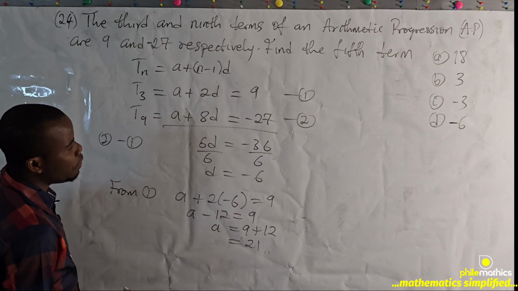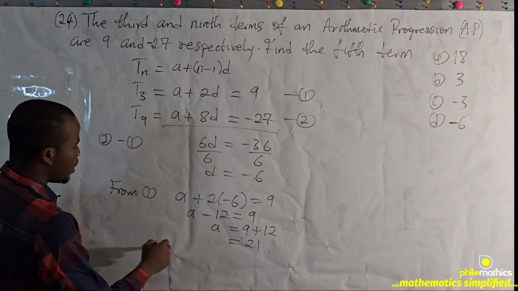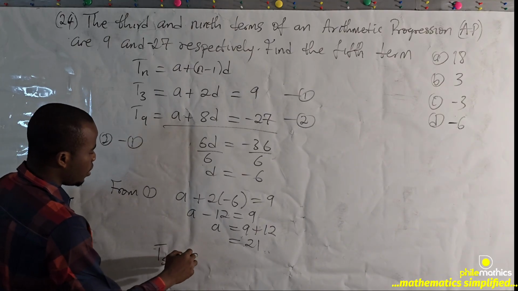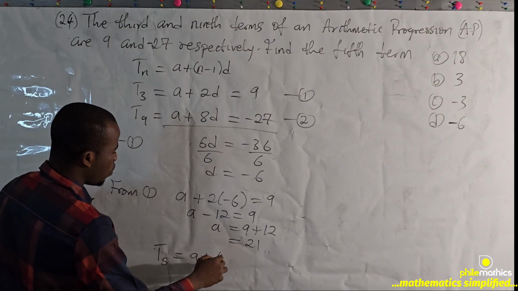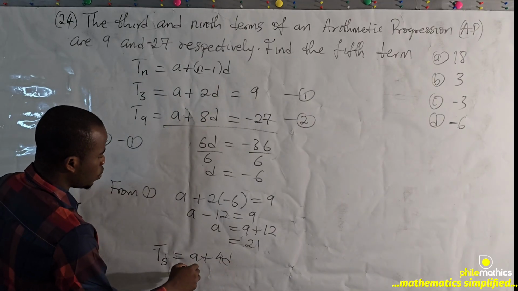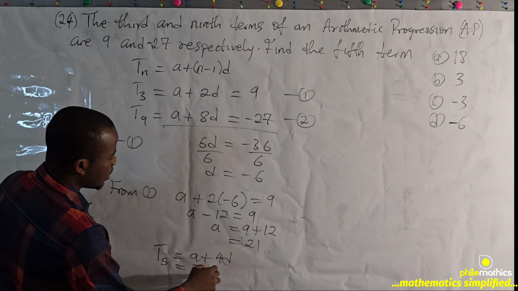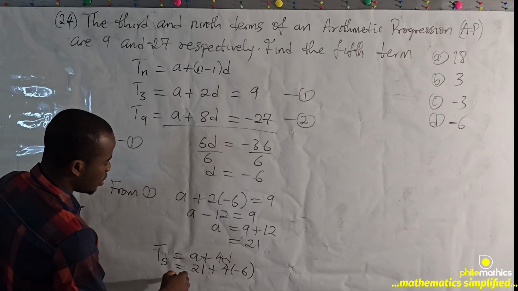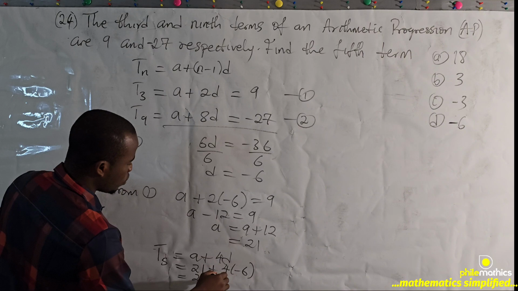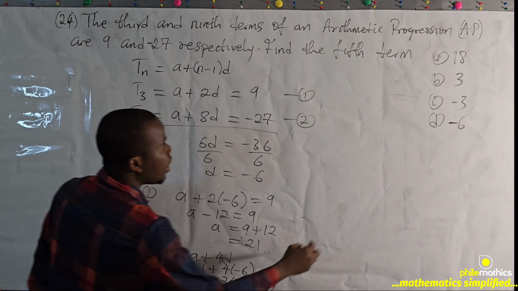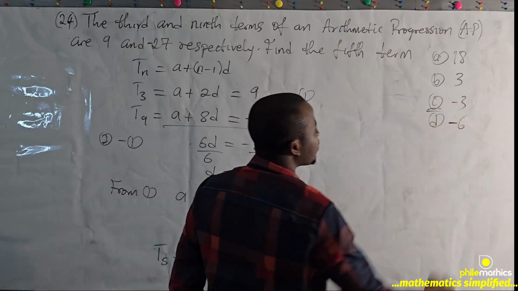We're looking for the fifth term. The fifth term, T5, is simply A plus 4D, 5 minus 1. And we have gotten A to be 21, and our D is minus 6. This is 21 minus 24. This is minus 3. And the answer is C.